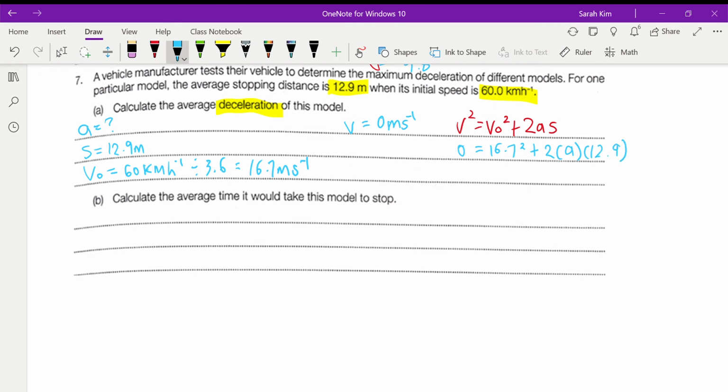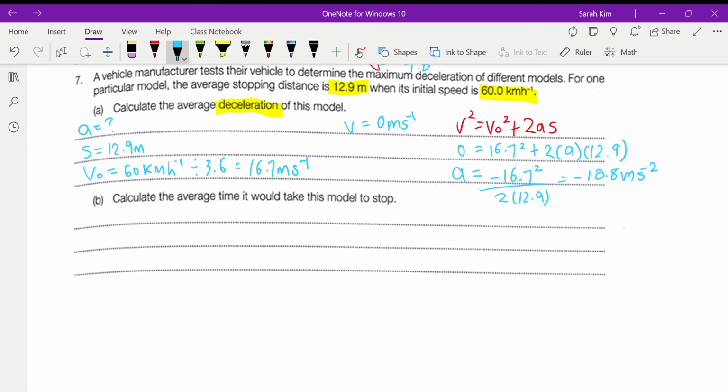So my A, I'll just have to rearrange it, will be 16.7 squared divided by 2 times 12.9. Now this needs a negative because I need to rearrange that. So when I put that in the calculator, I get negative 10.8 meters per second squared.